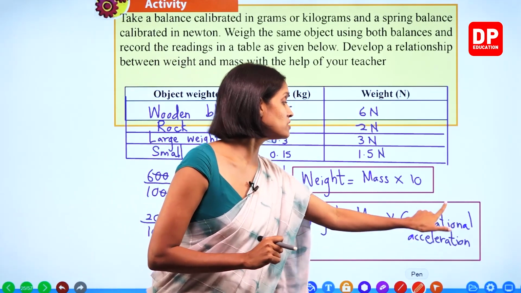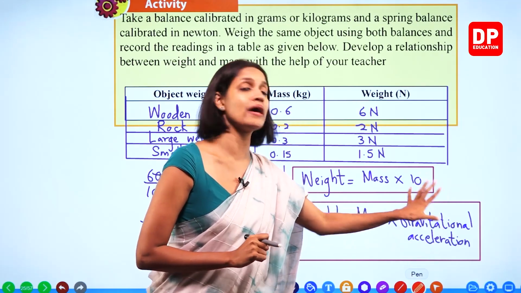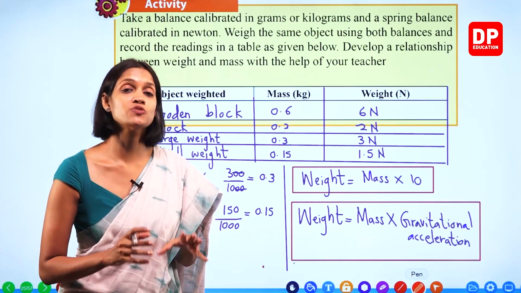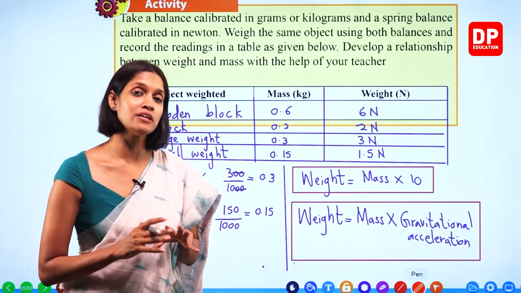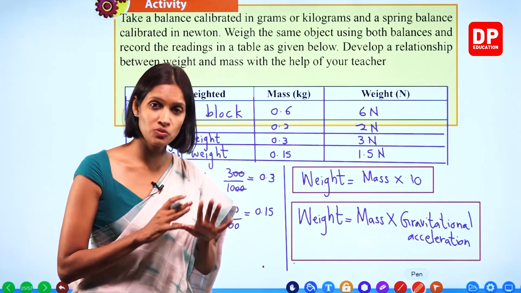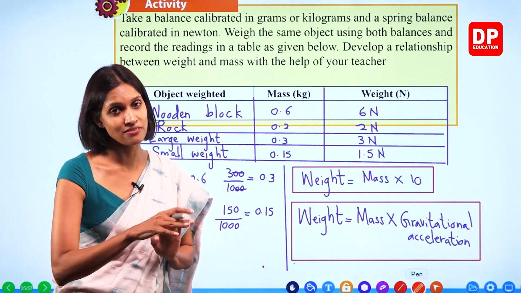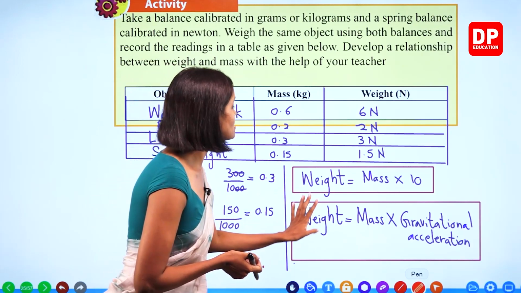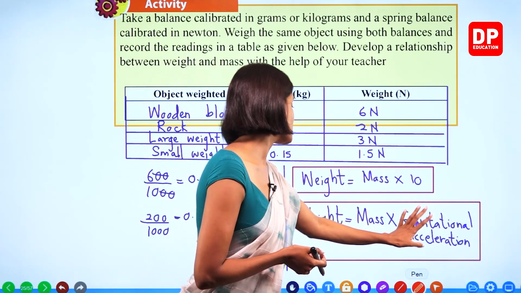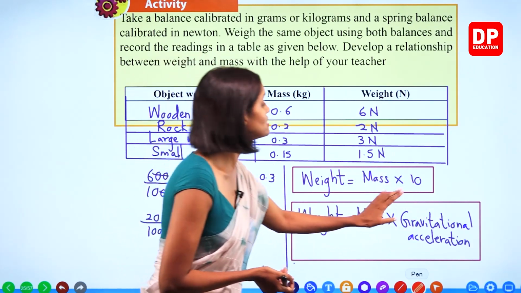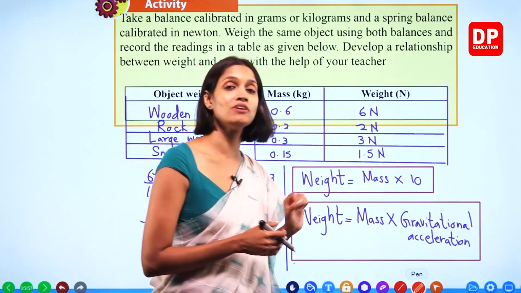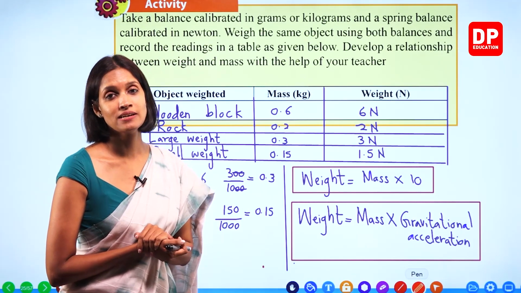So this value changes from planet to planet, but mass is not going to change. It's just one object. The amount of matter present in that object is going to remain the same wherever the object is. Right, children? So weight equals mass into gravitational acceleration. On the Earth, it is 10. It is actually 9.8, but we consider it as 10 when we do the calculations.